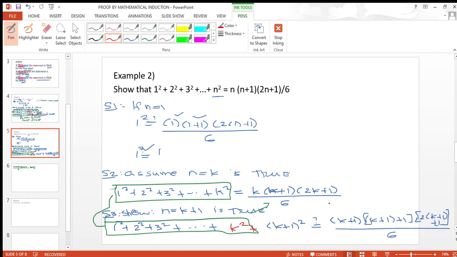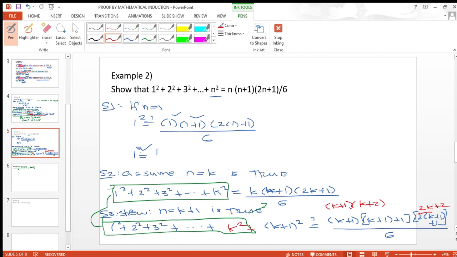This is k plus 1, that's k plus 2, because you have k plus 1 plus 1, that's 2k plus 2, 2k plus 2 plus 1. So that must be 2k plus 3. So k plus 1, k plus 2, 2k plus 3.